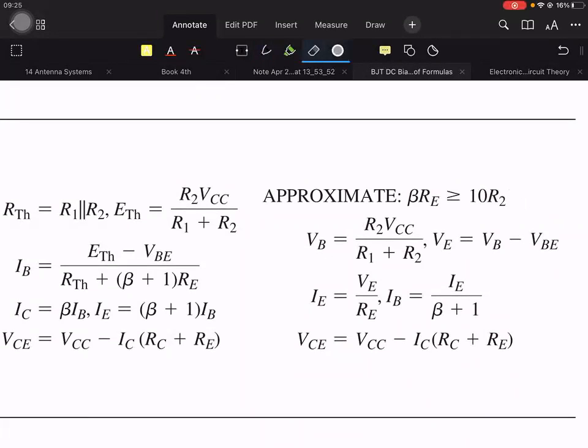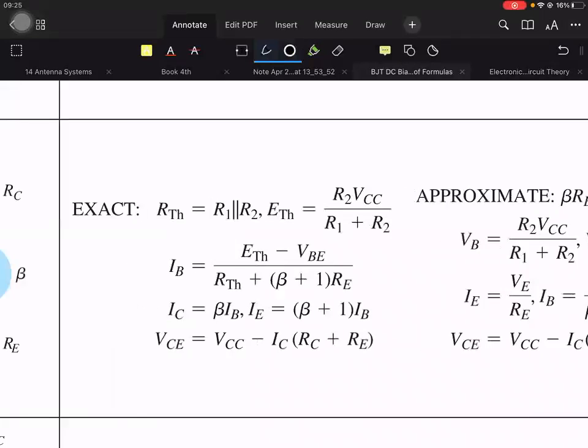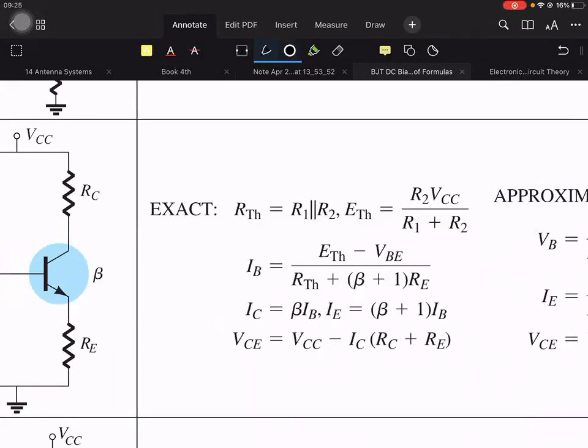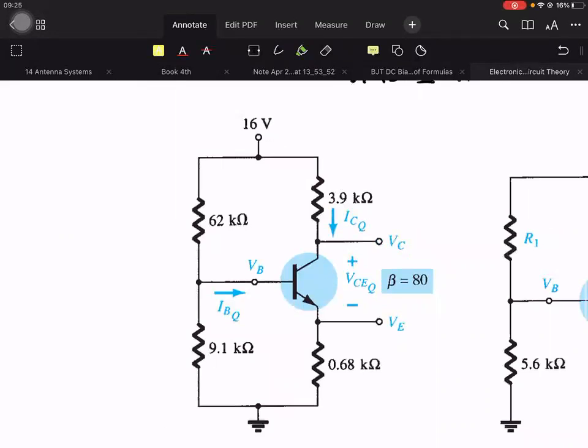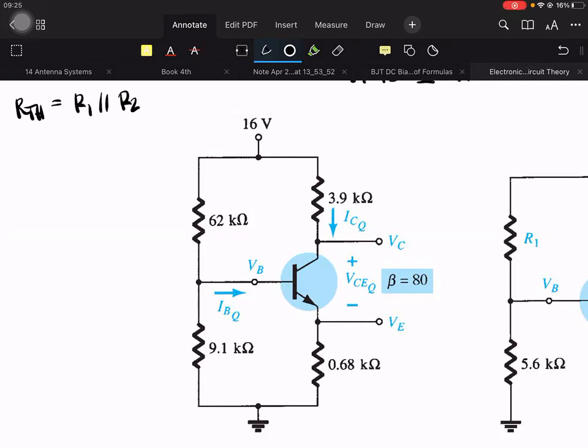So the choice is the exact approach. So solve for RTH and solve for ETH. Given already, right? So RTH is equal to R1 parallel R2. So 62K parallel 9.1K. 1 over 1 over 62K plus 1 over 9.1K.